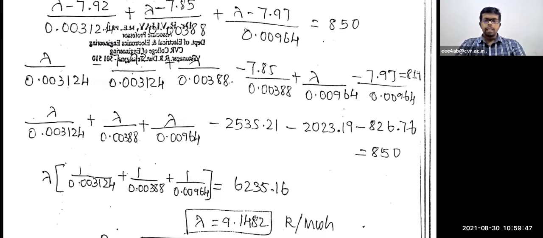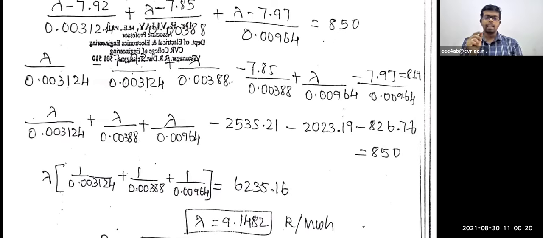Why? Because we are dealing with megawatts. If you round off to 2 terms or 1 term, like 9.14, then while solving the problem, at the final answer you'll get 0.5 megawatt less. 0.5 megawatt is a very huge amount. 0.5 megawatt is 0.5 into 10 to the power of 6 watts.